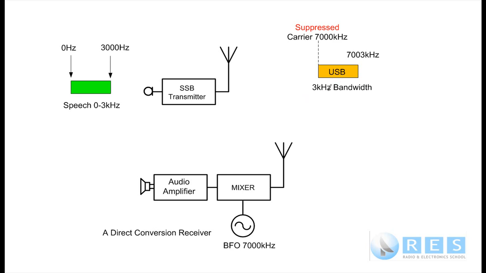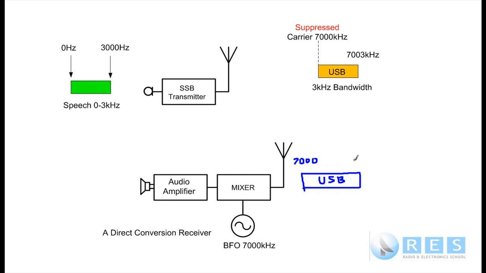So our radio frequencies, which go from 7,000 kilohertz to 7,003 kilohertz, we're going to have a band of radio frequencies. Exactly what I've got there. That's what's going to go into there, and it's going to go from 7,000. The bottom of the upper sideband is 7,000 kilohertz. The carrier's not there.